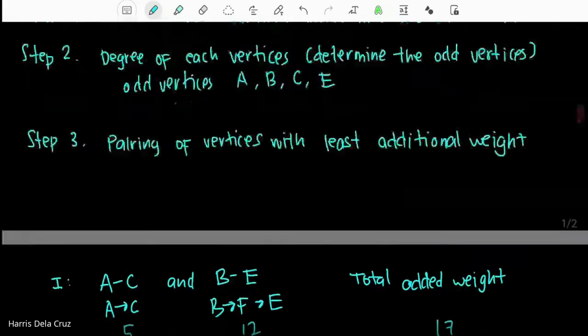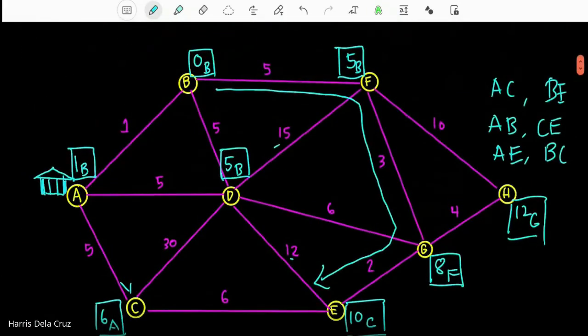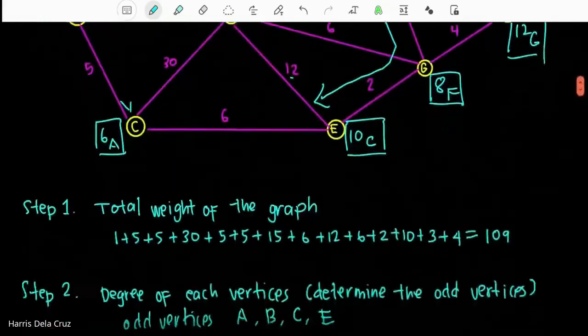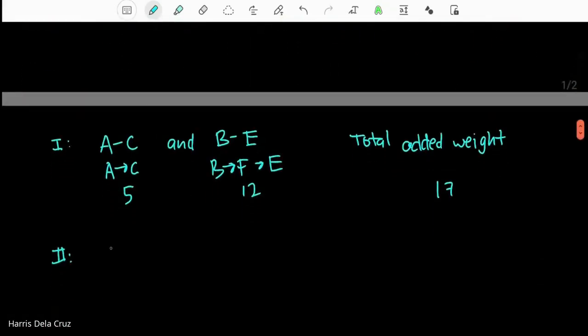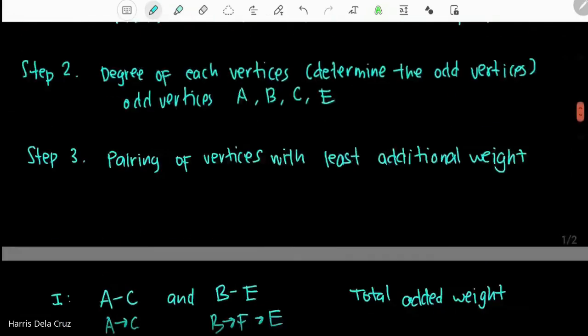Now, the other possible scenario is we can pair AB and CE. So if we pair AB, it's very obvious that the shortest path from A to B is the path AB of length 1. So we can have the pairing A to B of length 1, and then if we pair A with B, then C will be paired to E. So what's the shortest path from C to E?